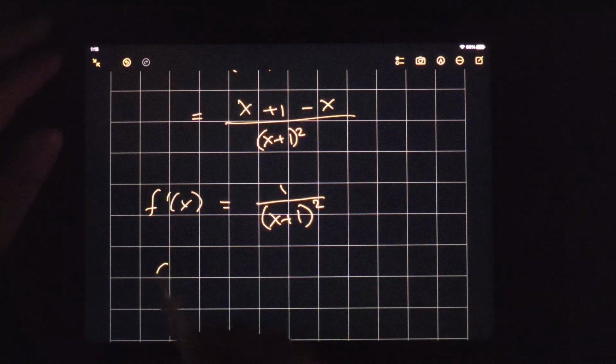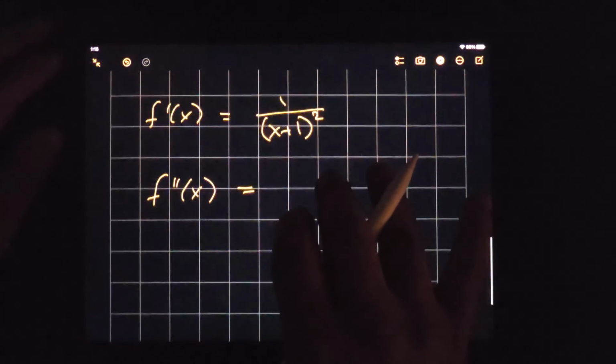So now I want to take the double derivative of that.